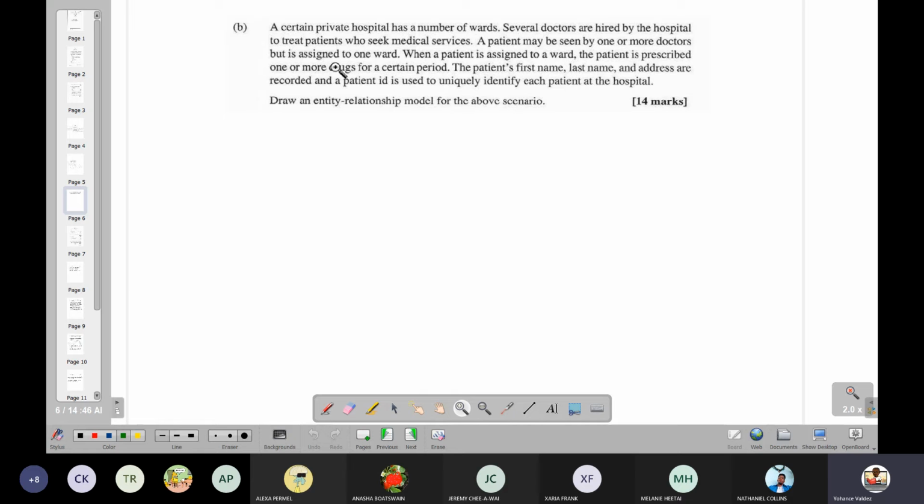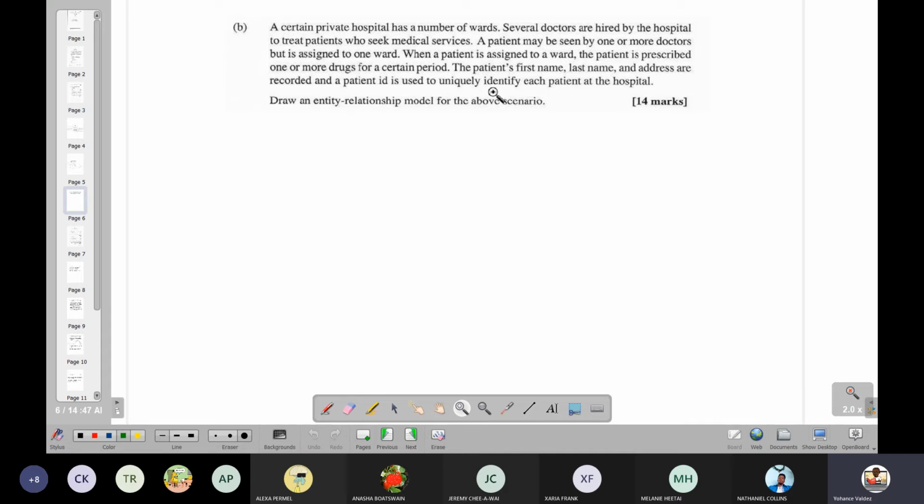So we say a certain private hospital has a number of wards. Several doctors are hired by the hospital to treat patients who seek medical services. A patient may be seen by one or more doctors but is assigned to one ward. When a patient is assigned to a ward, the patient is prescribed one or more drugs for a certain period.